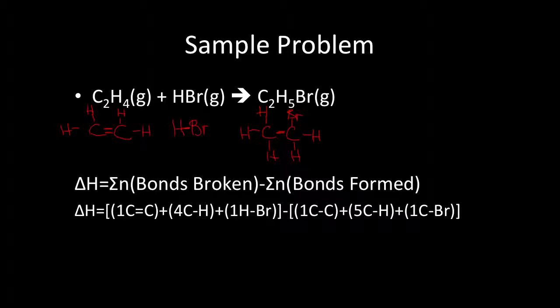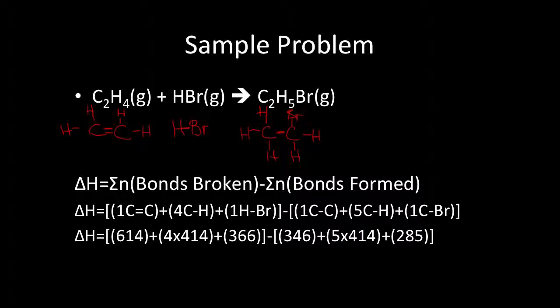So if I look up the carbon-carbon double bond, I find that it has an enthalpy of 614. The carbon-hydrogen bond has an enthalpy of 414 kilojoules per mole, and there's 4 of them, so I multiply that times 4. I have one hydrogen-bromine bond, so that's an enthalpy of 366.